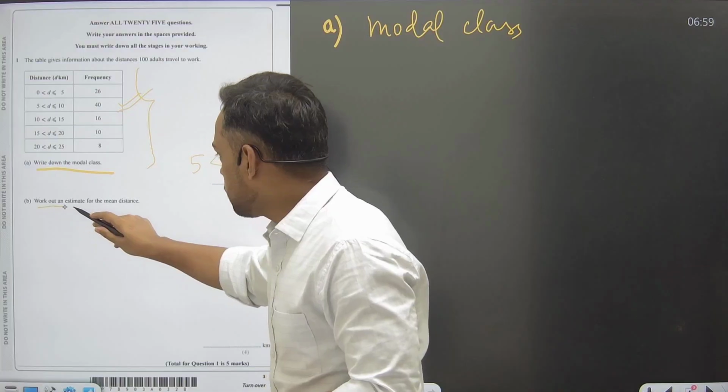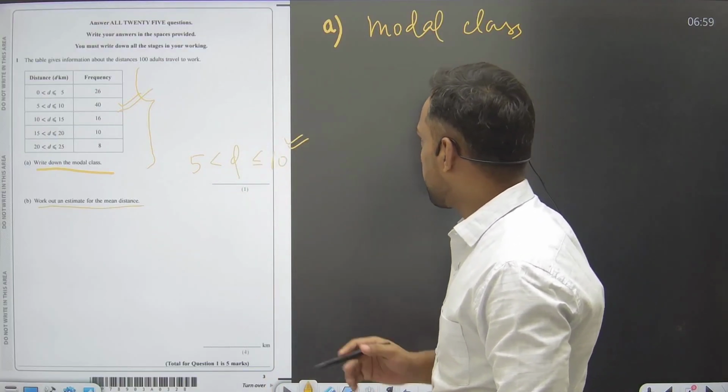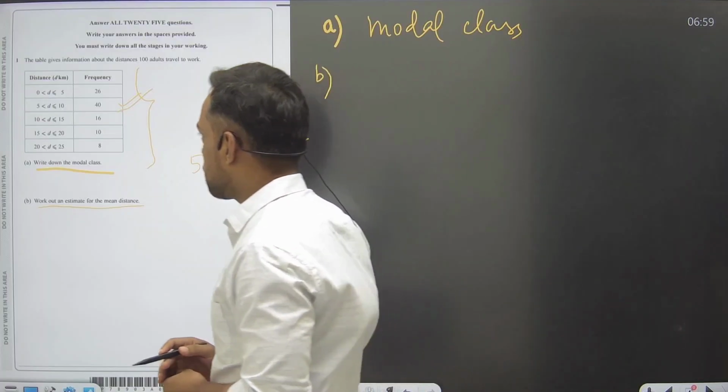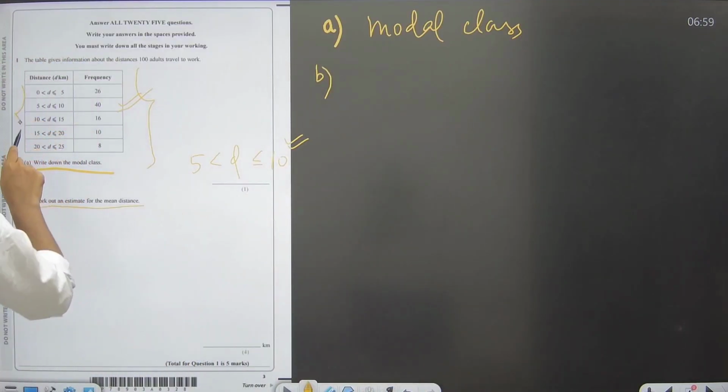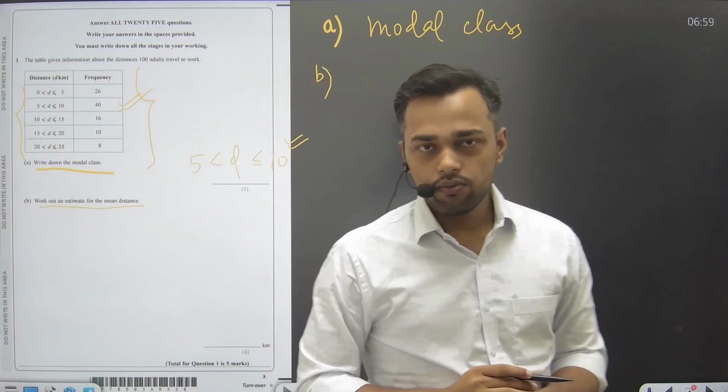Now if I come to the second part, student, work out an estimate for the mean distance. Okay, let's try this out. How should we attempt this question? See, here the distances are given in a range. First we need to find the mid values of this range.